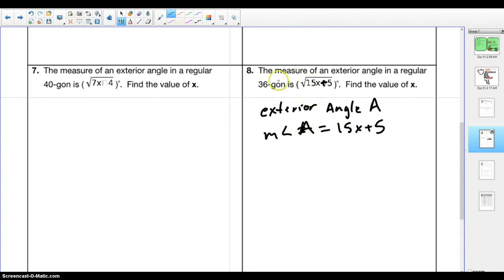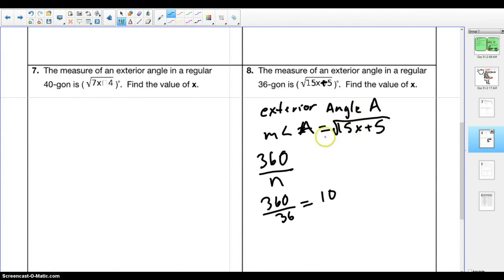So, we need to figure out some numerical value for the measure of angle A. And again, we're going to use one of the equations that we learned in this chapter. For every regular polygon, an exterior angle is always going to be 360 divided by the number of sides. So, in a 36-gon, n equals 36, so we're going to do 360 divided by 36, and that equals 10. And I forgot the square root up there, so let's add that back in.